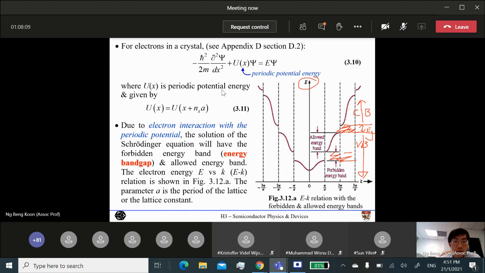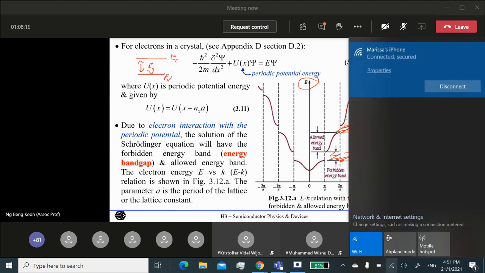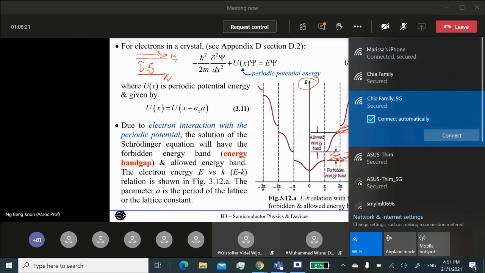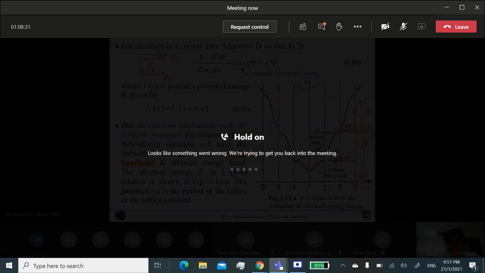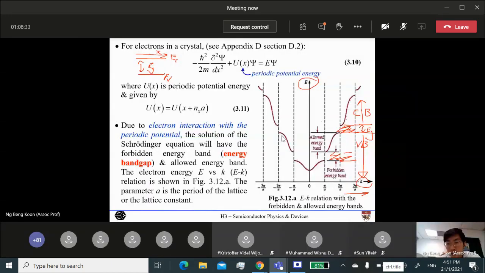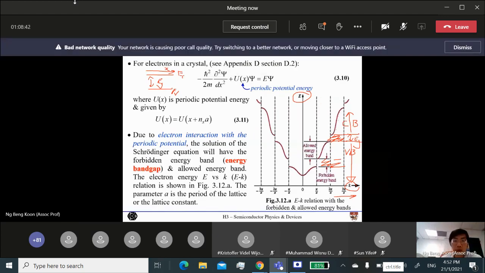This is different from this graph here because the horizontal axis for this diagram is physical distance in the semiconductor, whereas the horizontal axis for this one is K. Please be aware of this.